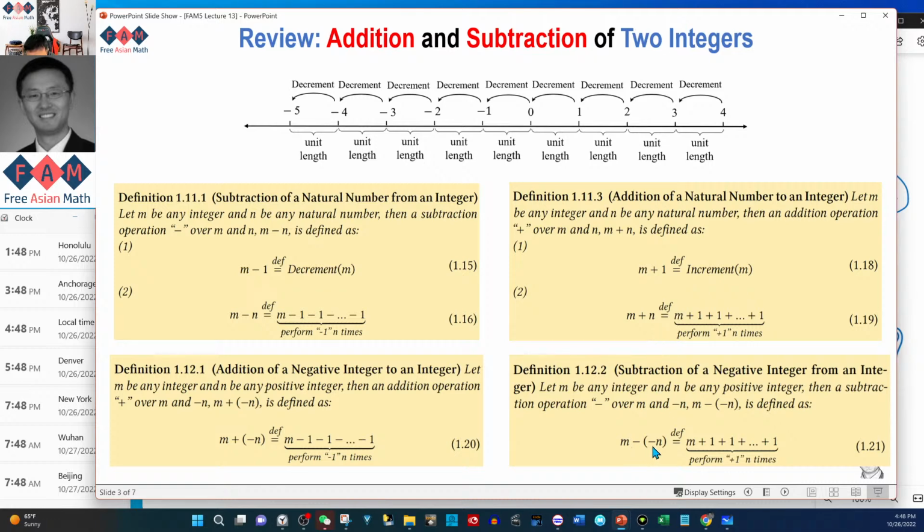So m subtracting the negation of n is defined to be the same as m plus n, that is, m plus 1 plus 1, performed n times. This is very significant because we will see how it helps us prove the next theorem. But for now, you should understand all of those are definitions.